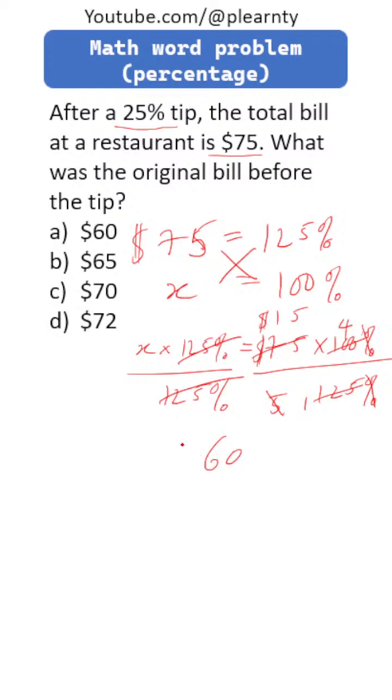So it means that the 100% is 60. Then when you add the 25% tip, which is 15, it now gives you 75. So what's the final answer? The final answer is 60.